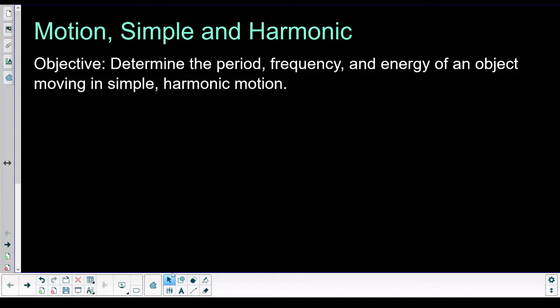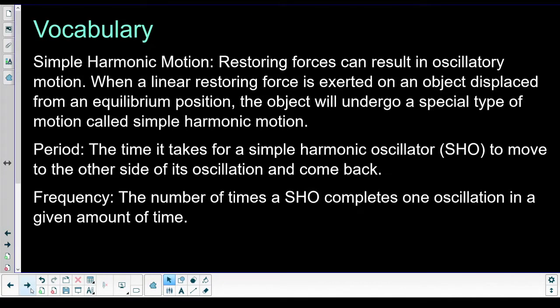So without further ado, let's talk about your vocabulary. Simple harmonic motion. English is tough, you guys. Simple harmonic motion occurs when there is a restoring force, meaning a force that's trying to push something back to where it started.